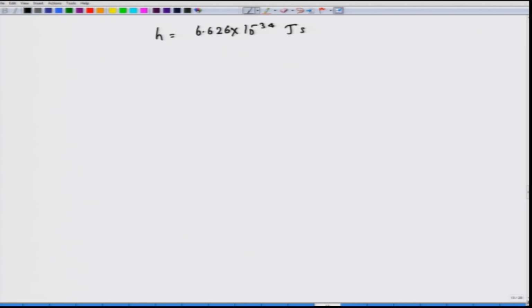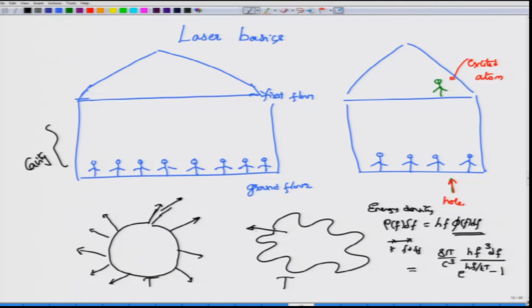And this Planck's constant implies that this radiation that is coming out is actually quantized radiation.